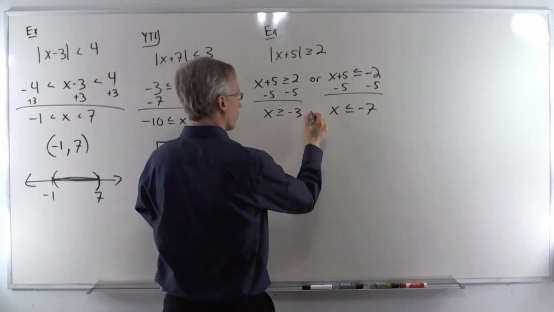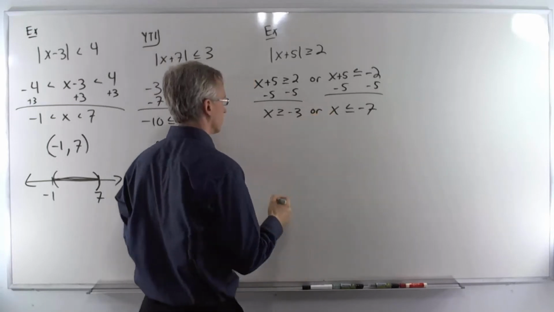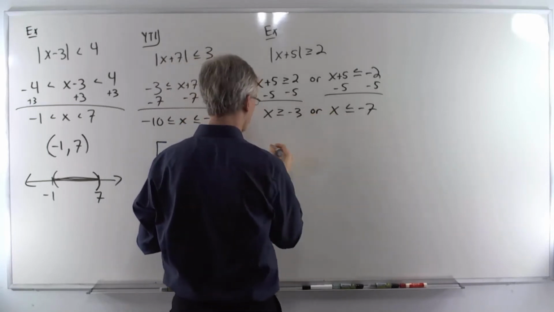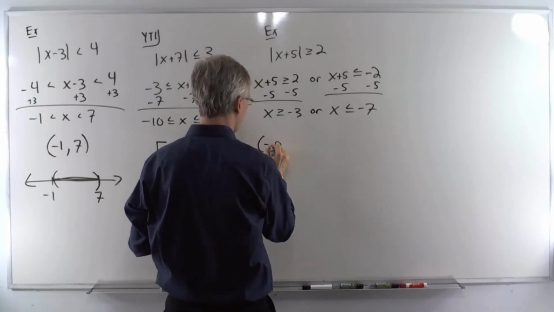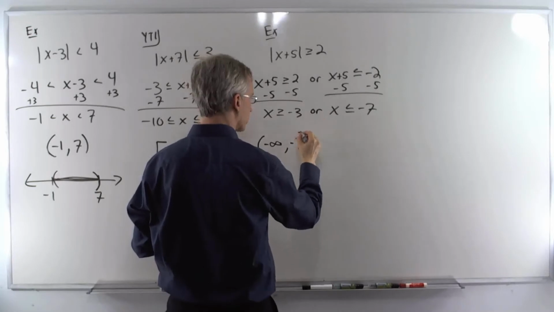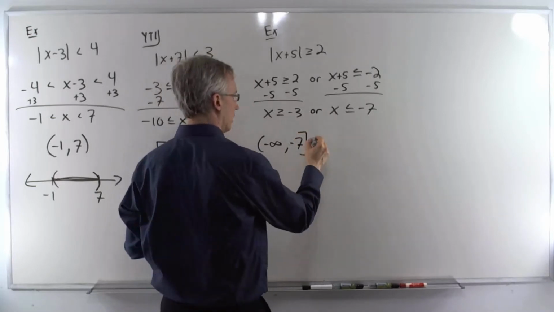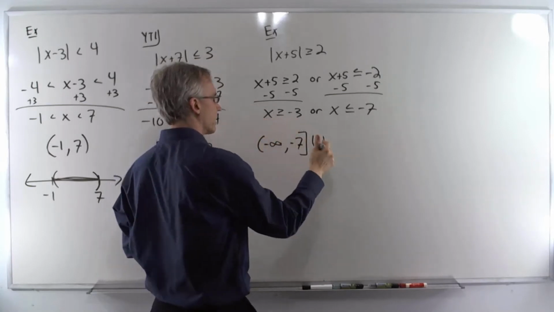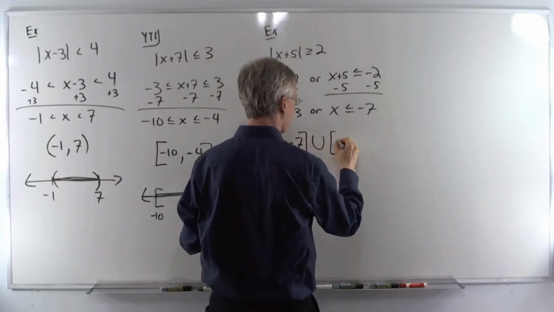And we still have an OR in here. All right, so we've got x less than or equal to negative 7, so that's going to be negative infinity to negative 7, and we have less than or equal to, so we've got the bracket. Union. And here we've got x greater than or equal to negative 3, so we've got a bracket for greater than or equal to.